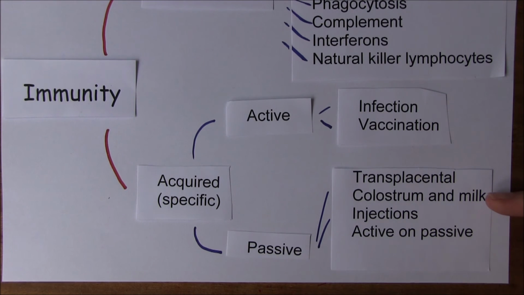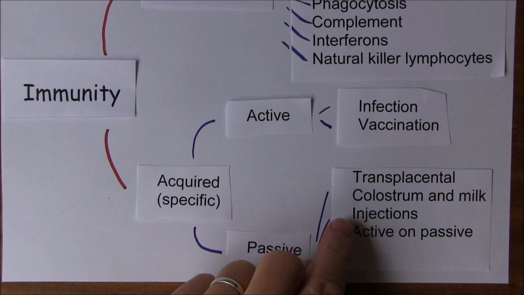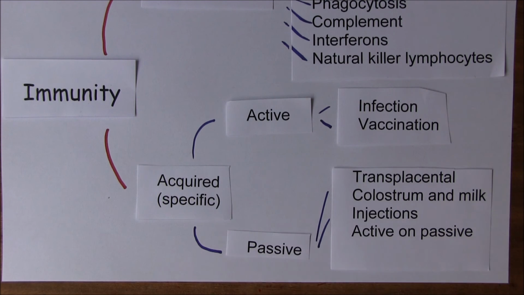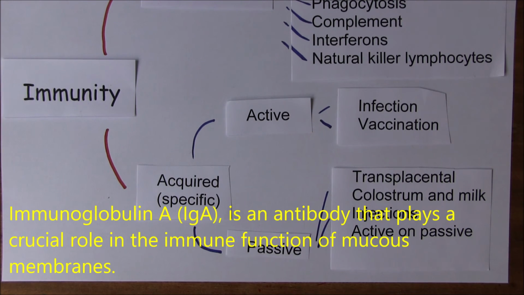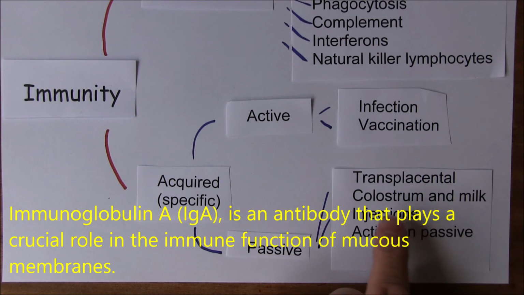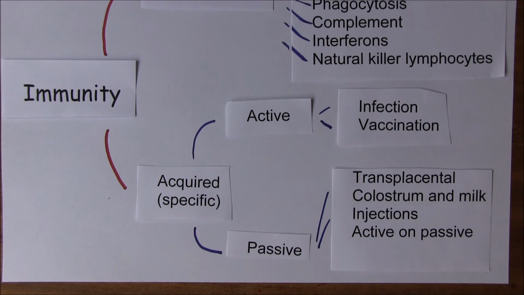And it's probably got lifelong effects, this immunity that comes from the mother, as well as the immediate effects that the baby enjoys in protection from infection. Colostrum and milk actually has immunoglobulin type A's, which is just a slightly more complicated immunoglobulin. And these form the first line of defence because they protect the gut in the infant.